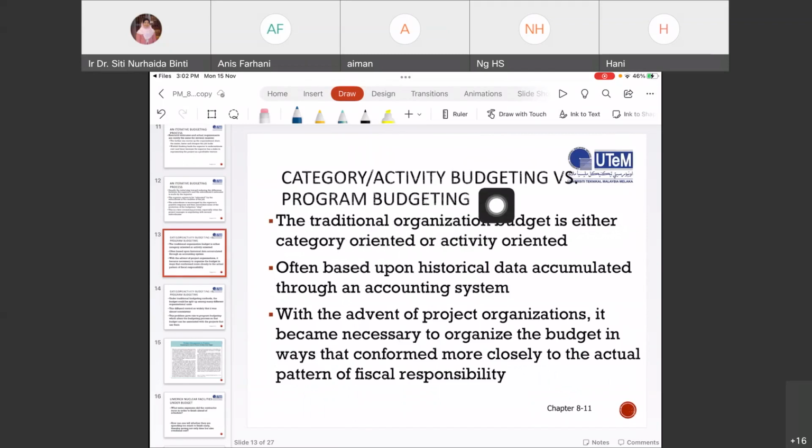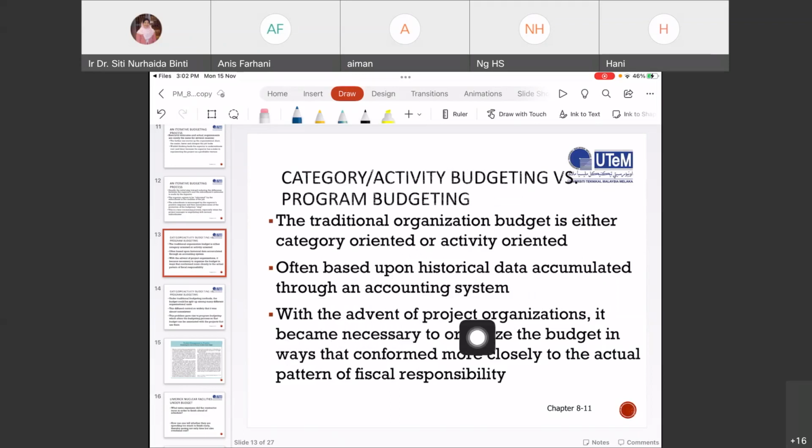Another category: activity budgeting versus program budgeting. The traditional organization budget is either category oriented or activity oriented. I'm not sure which is more accurate, but I have a better feeling about using the activity oriented rather than the category oriented budget. It is often based upon historical data accumulated through an accounting system.